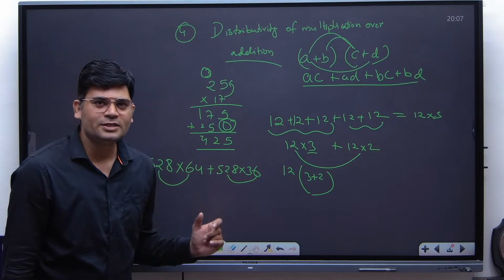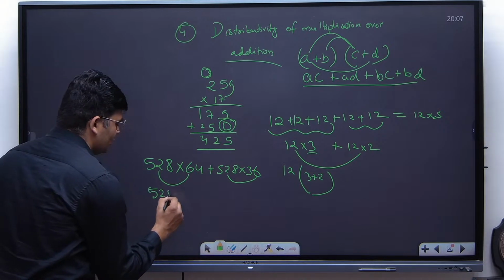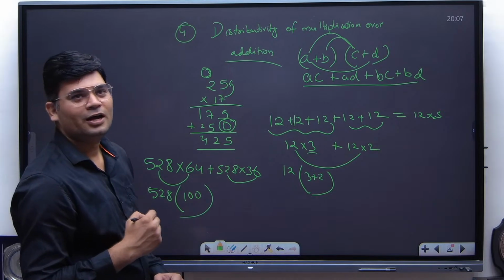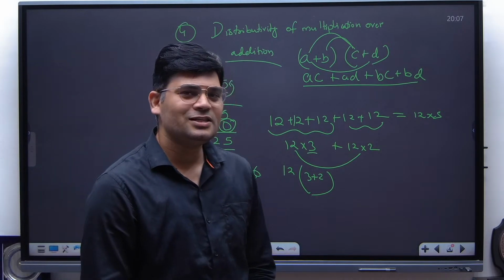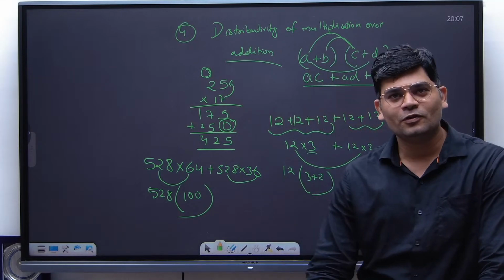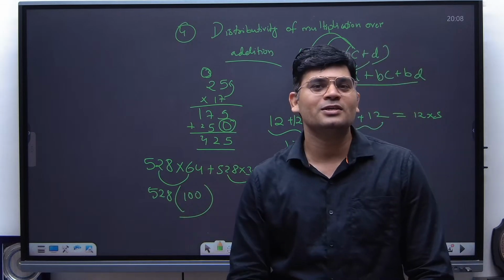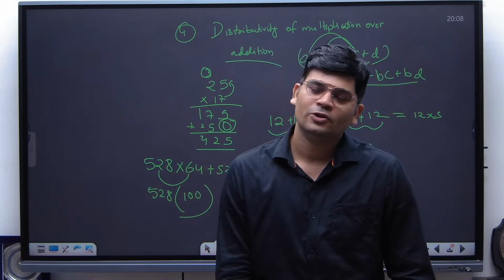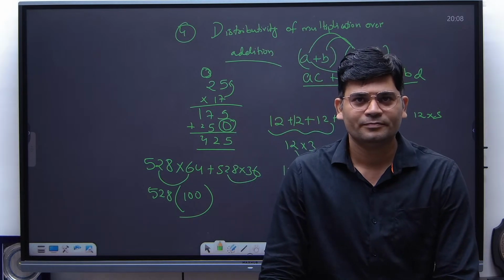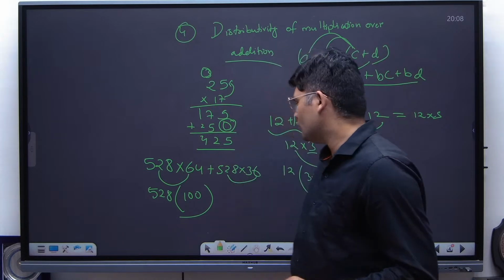It is easier to take 528 into 64 plus 36, which is equal to 100, and we can easily tell the answer, 52800. In the Olympiad, if you ever see, the questions are like this, very easy questions. If you understand the concept, you can easily add and multiply. Any doubt up to here? Good.